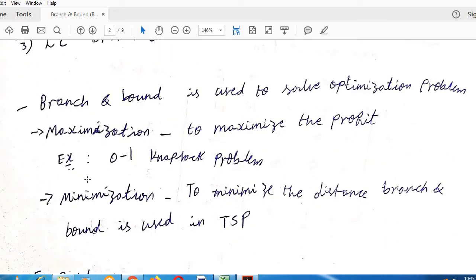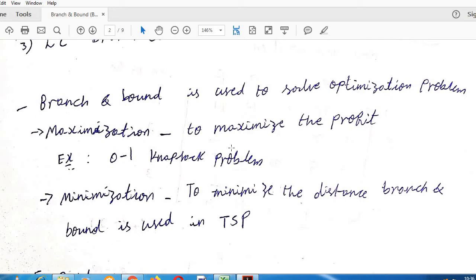Branch and bound algorithm is used to solve optimization problems. Particularly, there are two types of optimization problem called maximization and minimization. Maximization, if you remember, we have already done. We solved this maximization problem for the 0-1 knapsack problem.